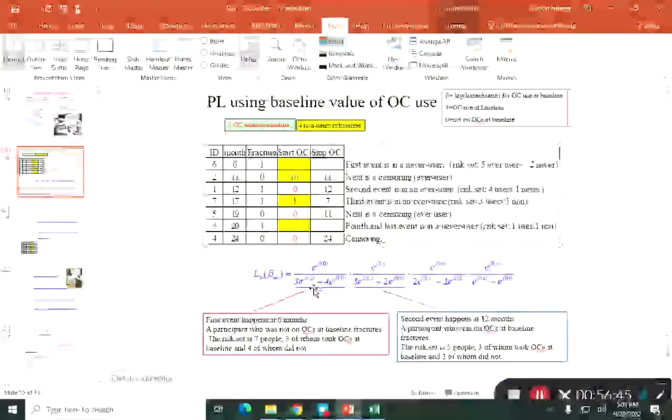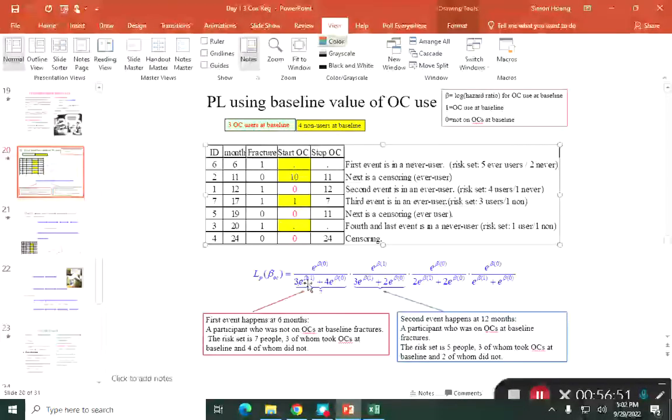I assume taking OC or not will change their beta. Then I have my first case. Is it from the 3 or from the 4? It's from the 4. You follow me?